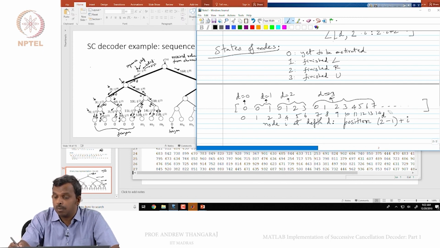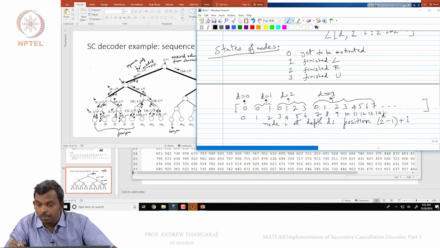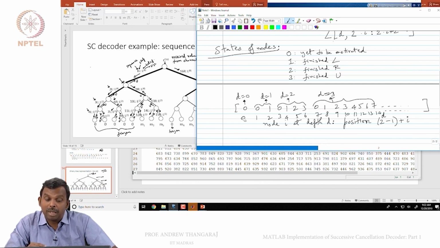Again, remember, I'm indexing from 0. This is one adjustment we'll have to make when we go to MATLAB. So node I at depth D is at position 2 power D minus 1 plus I.